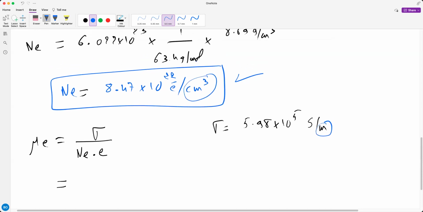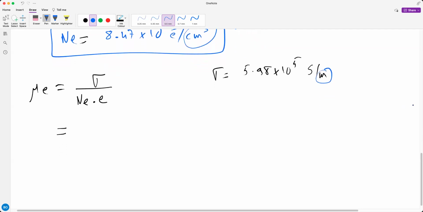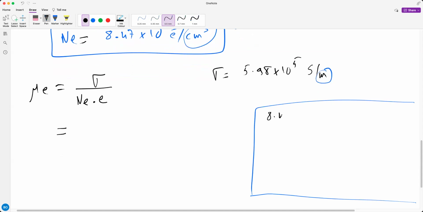Now, I have a question for you. Here is one of the mistakes that students make. I have 8.47 times 10 to the power of 22 electrons per cubic centimeter.